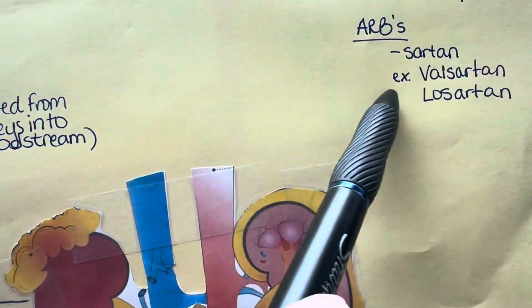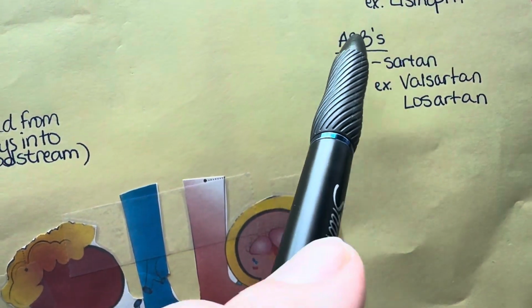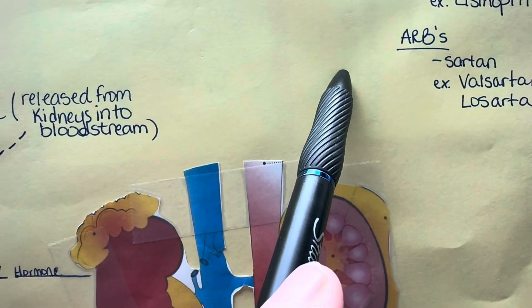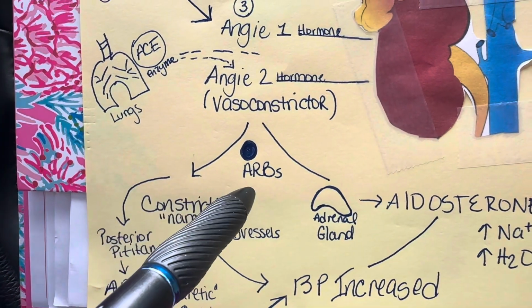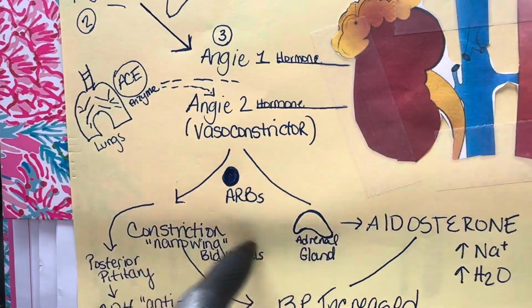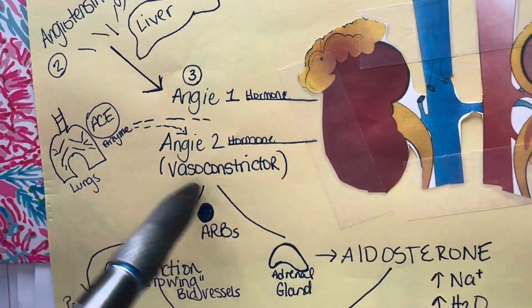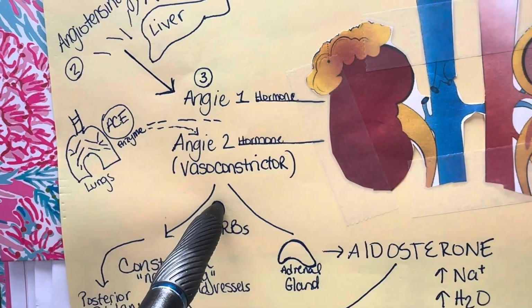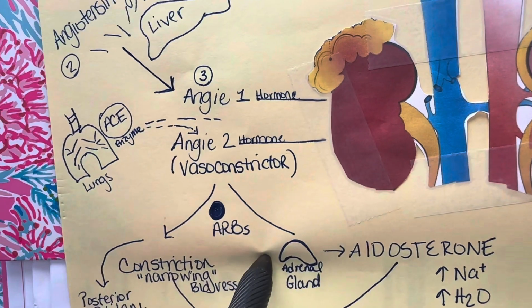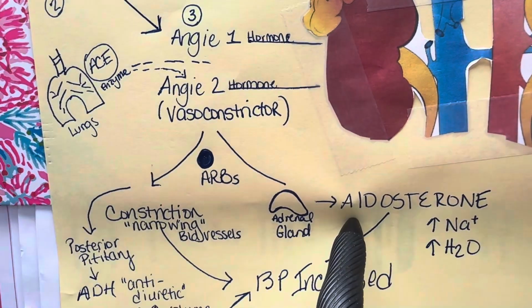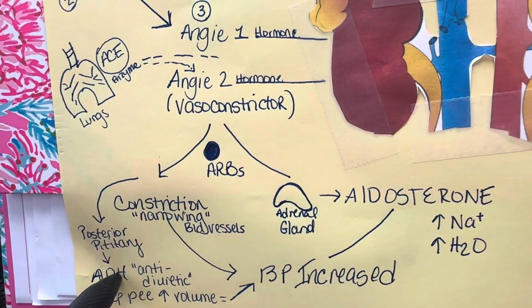And it's the same thing with the ARB, okay? Angiotensin receptor blocker. So what do angiotensin receptor blockers do? They're going to block the mechanism of this, so you're not going to have that Ang2 vasoconstrictor part. It's going to block the body's ability to secrete aldosterone or the antidiuretic hormone.